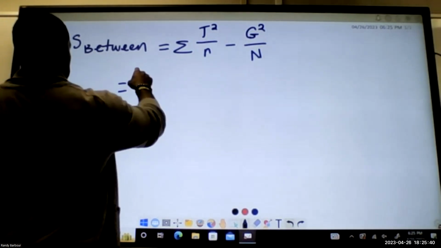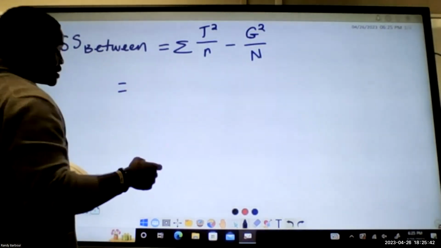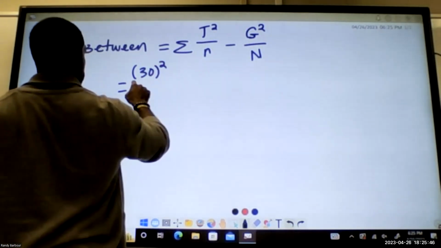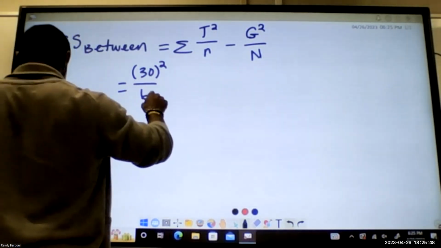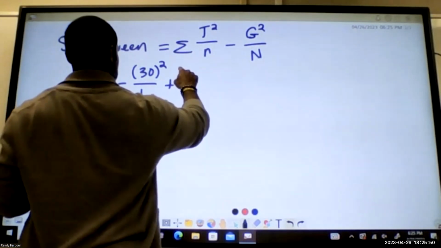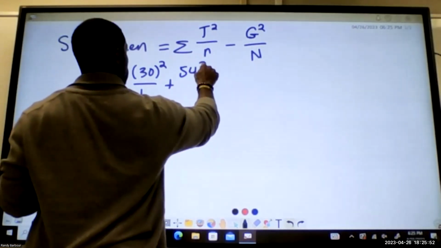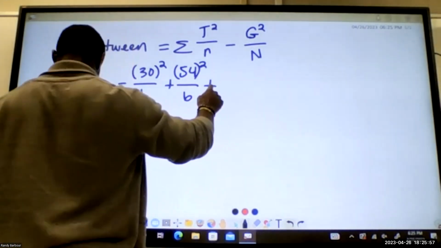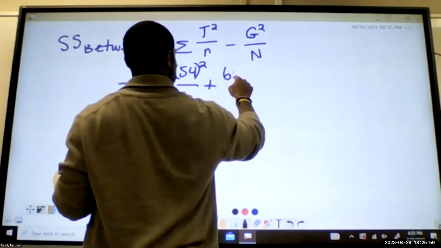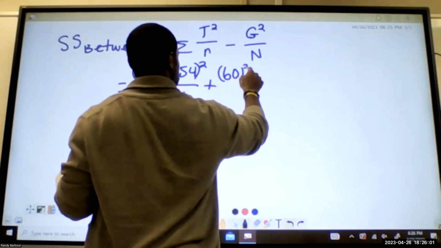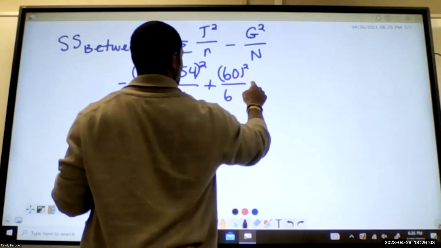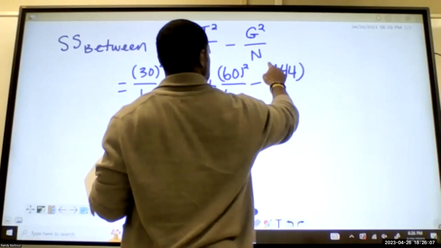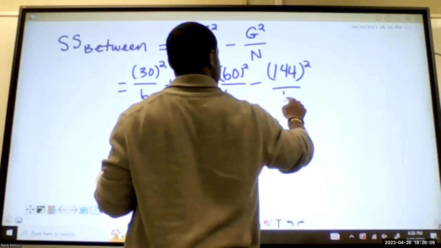If we go back and look at our T's, we have 30 squared over 6 plus 54 squared over 6 plus 60 squared over 6 minus 144 squared over 18.